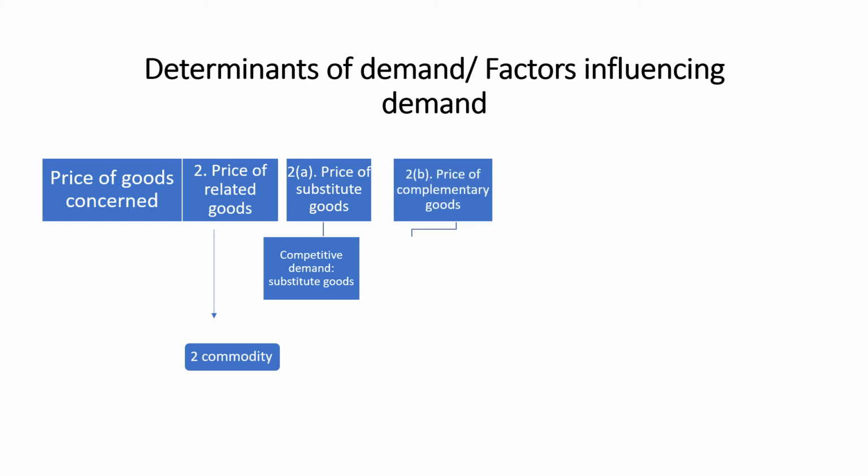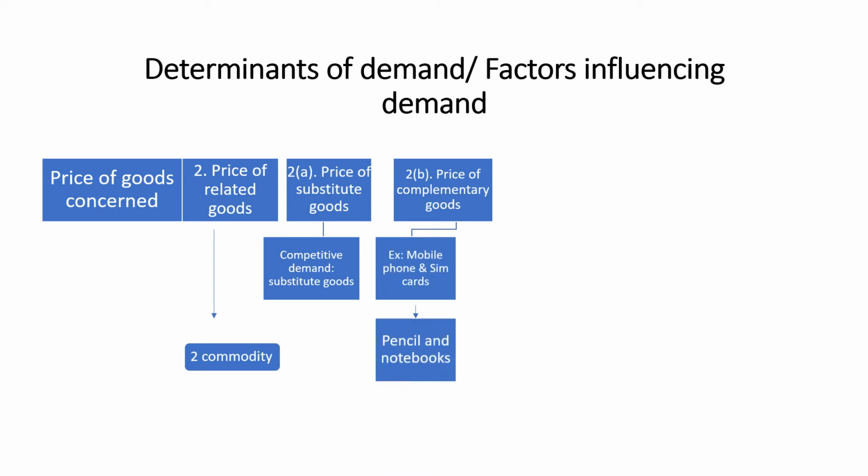Now the second one, that is price of complementary goods. See, complementary goods, we can say, are like mobile phones and SIM cards, pencil and notebooks. So what happens here? When the mobile phone's price has increased, it will affect the SIM card.